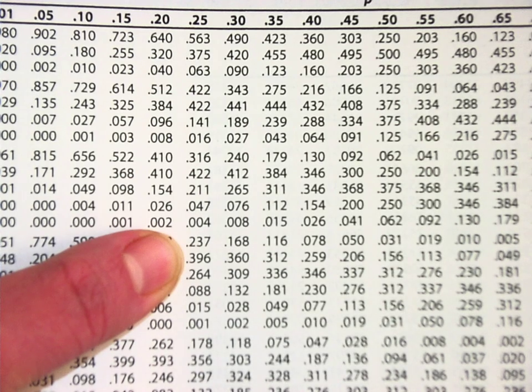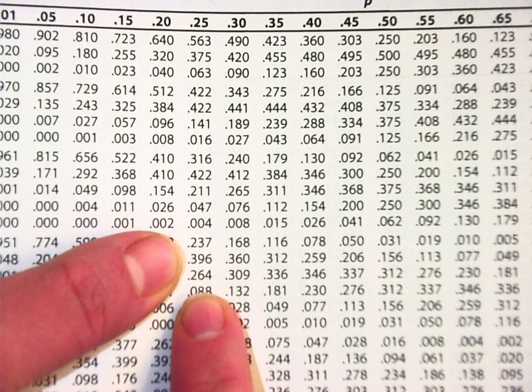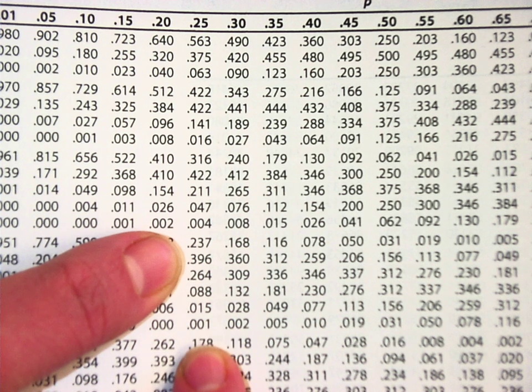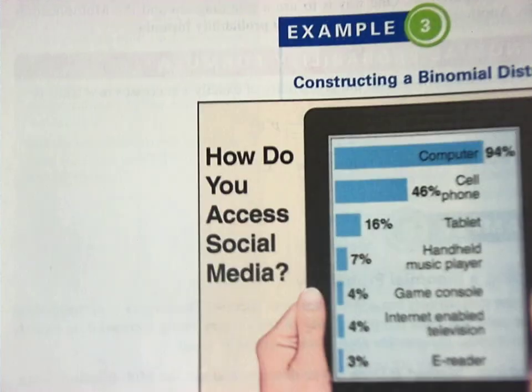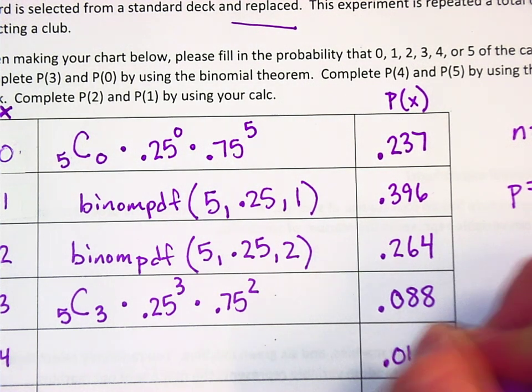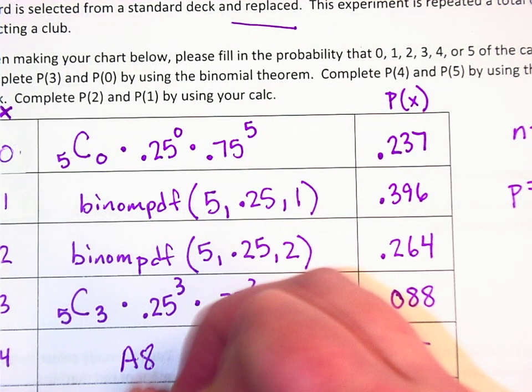Okay, so this is 0.237, 0.396, 0.264, 0.088. Those are the numbers we already have. And then the last two are 0.015, 0.001. This is on page A8.